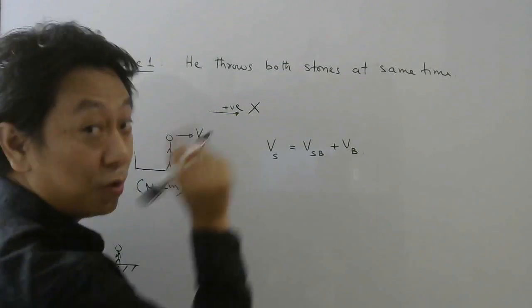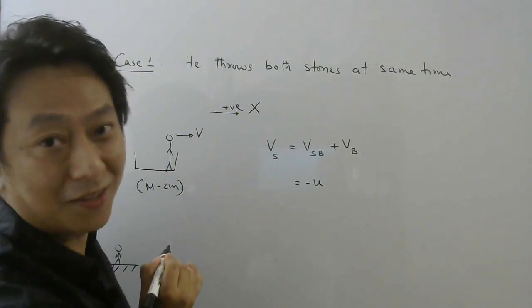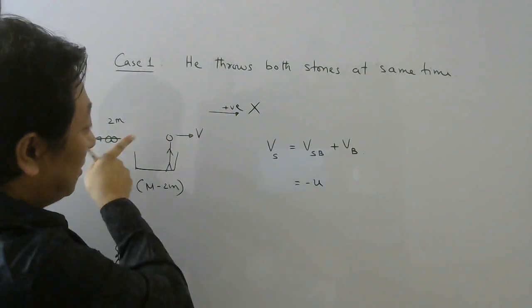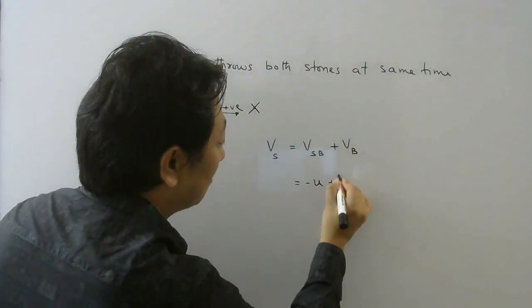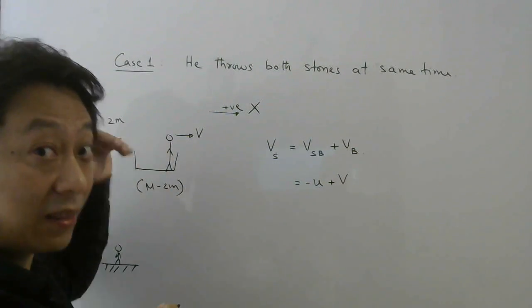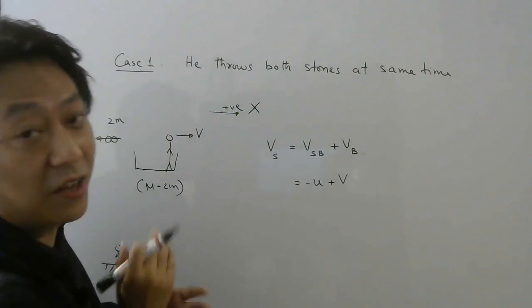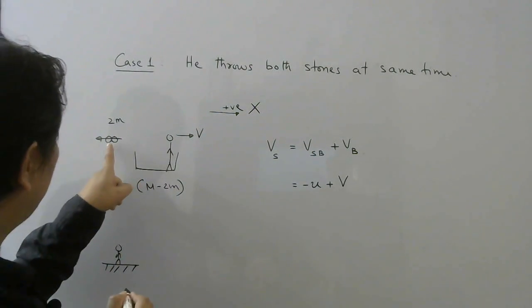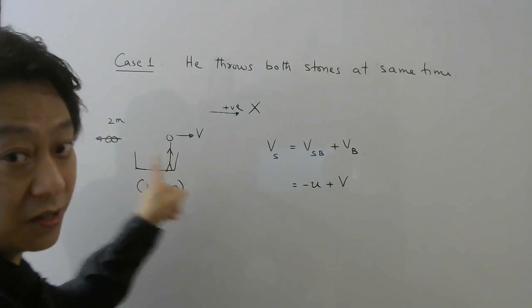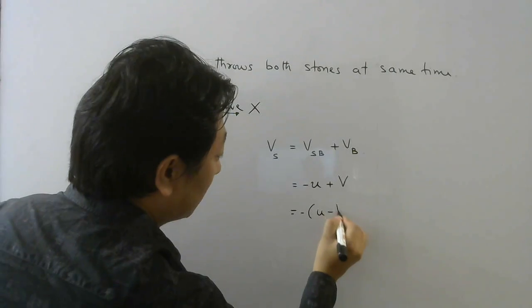Now, what is the velocity of the stone with respect to the boy? Well, it was given u, but in this direction. So I should write minus u, right? And the velocity of the boy is in this direction, so it will be plus v. So remember, at the instant he throws the ball, at that instant itself he will have velocity v in the positive direction. Now since I want the stones to have velocity in this direction, I will write this as minus common u minus v.